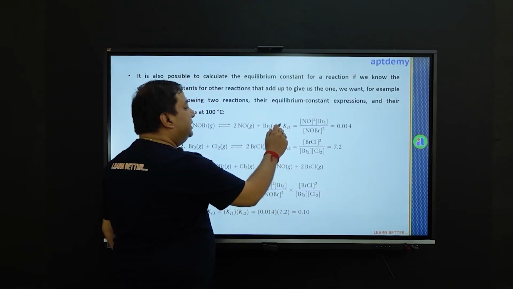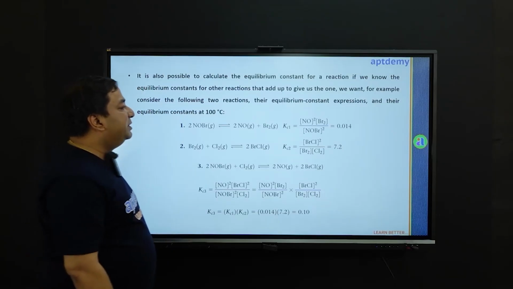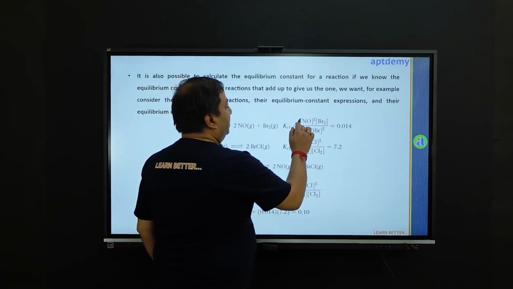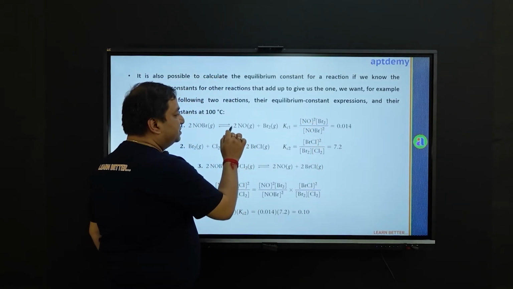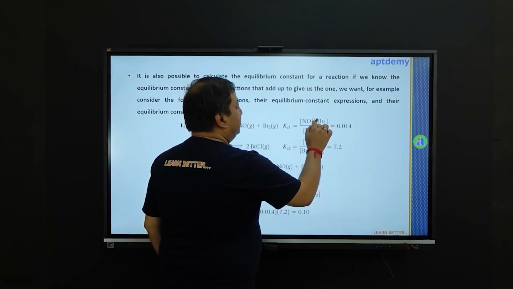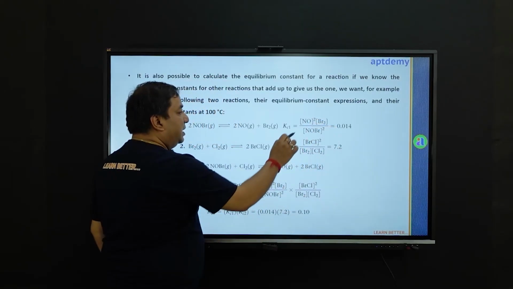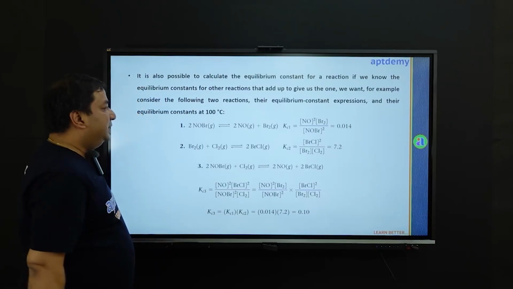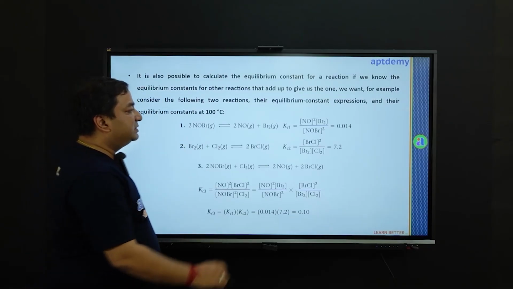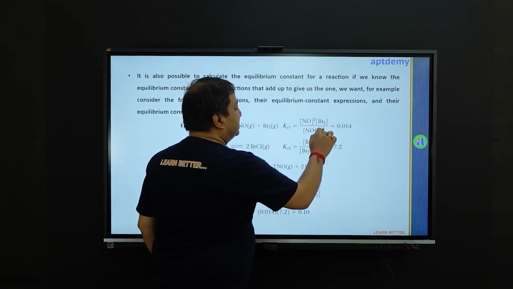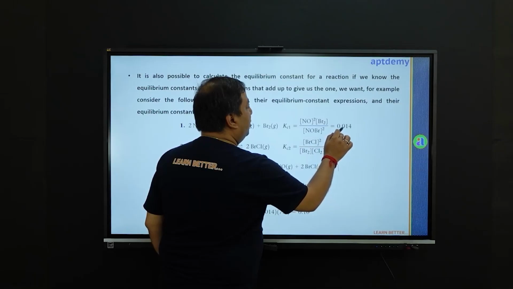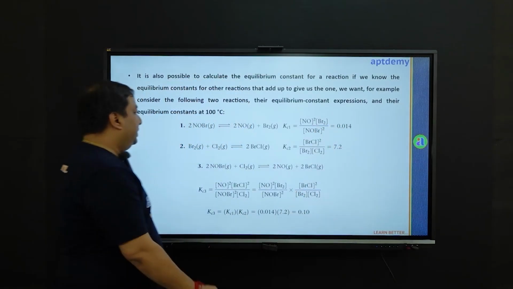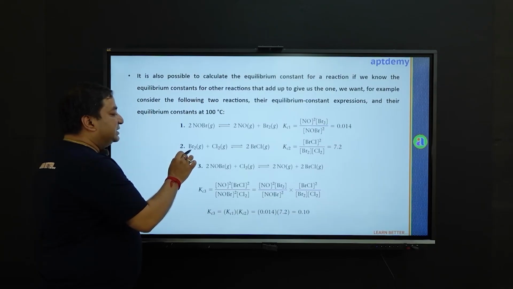So while we are writing the expression for the equilibrium constant, we will say concentration of NO raised to the power 2, because the coefficient is 2, times concentration of Br2, above the reactant, which is NOBr, so it will be concentration of NOBr raised to the power 2, and let's say that the value for Kc1 is 0.014.